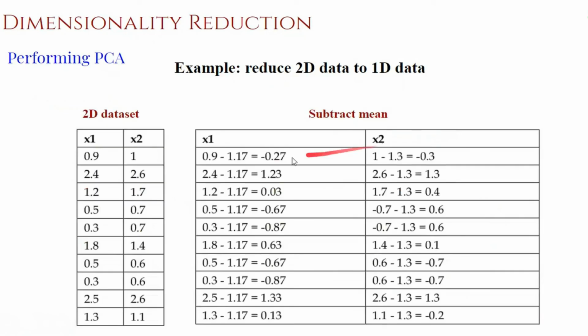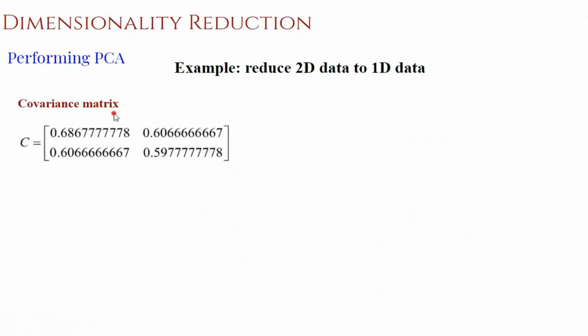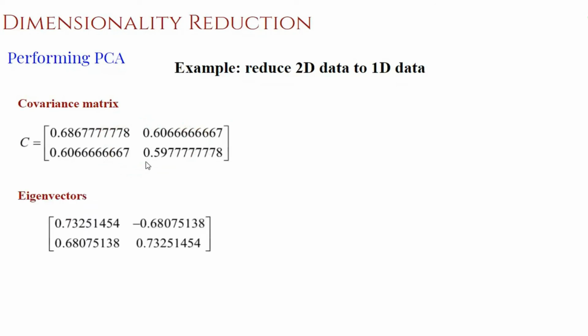For these x1 and x2, since it is two-dimensional data, we end up with a 2 cross 2 covariance matrix. And from this 2 cross 2 covariance matrix is where we find the eigenvalues and eigenvectors that we mentioned previously. There are techniques by which we can find the eigenvalues and eigenvectors.